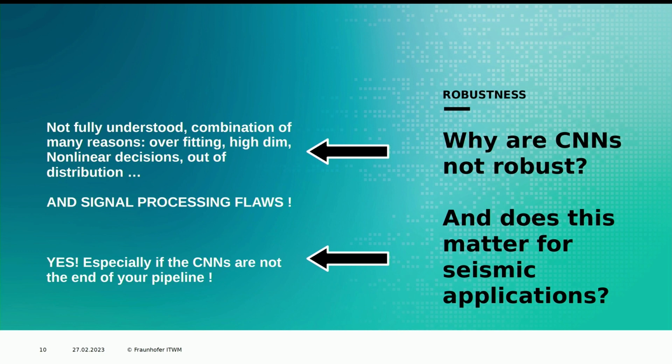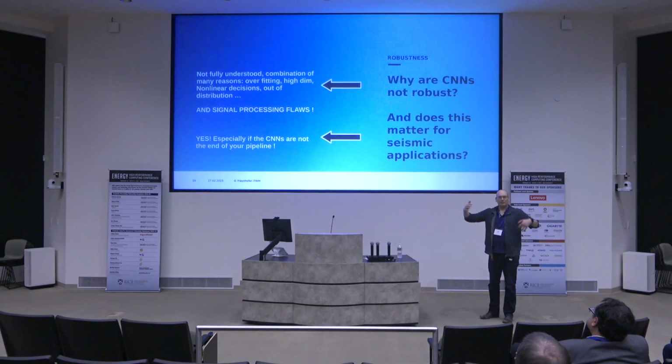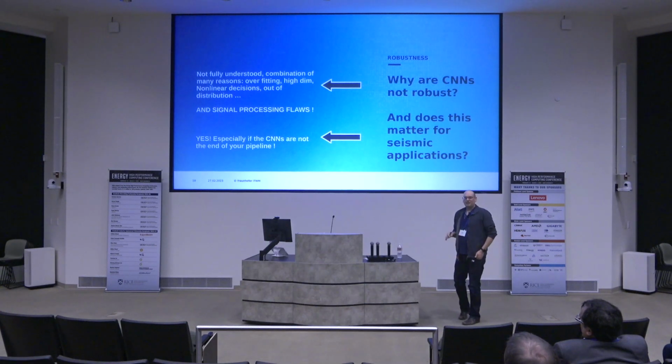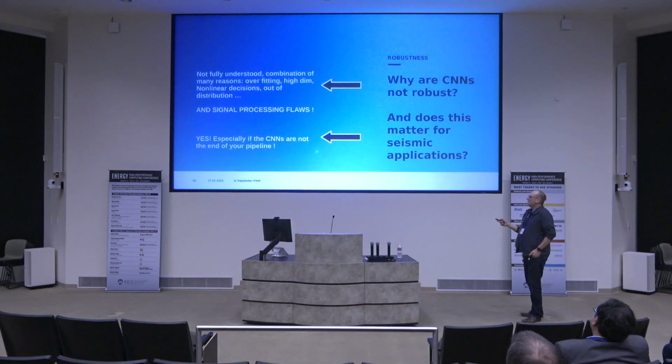So does this matter to your seismic or other application where you use CNNs? Yes, of course, if this is a publicly accessible model, then the evil guys could attack it. But this is not the thing I want to look at. What I'm more interested in is what happens if you're using your CNNs not as a final decision model in terms of classification, but as a pre-processing step in your pipeline.